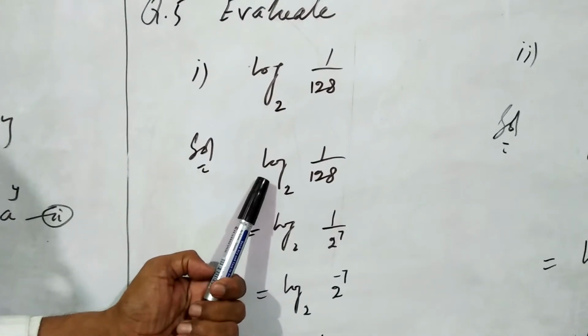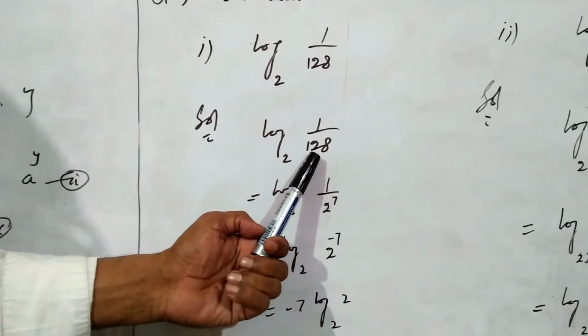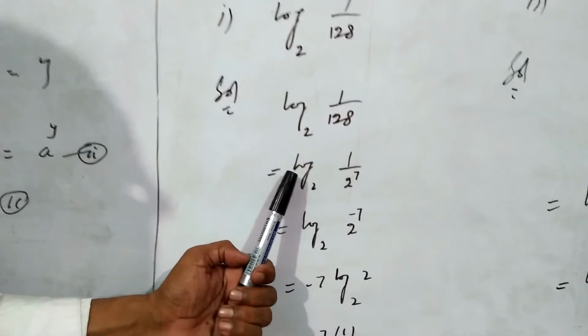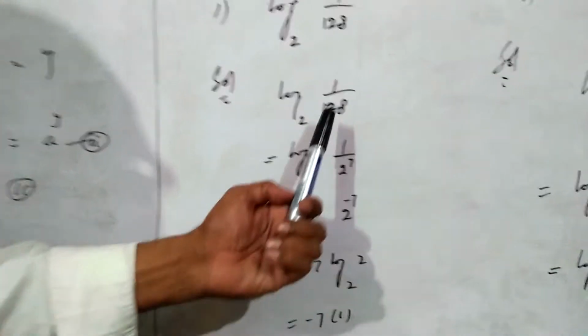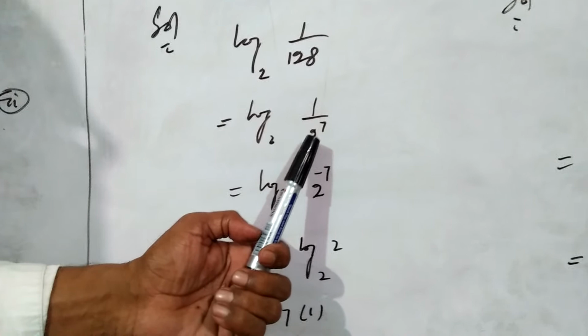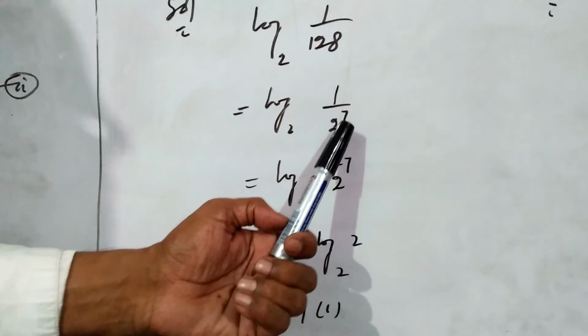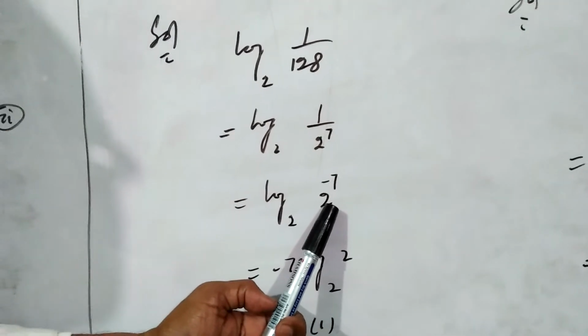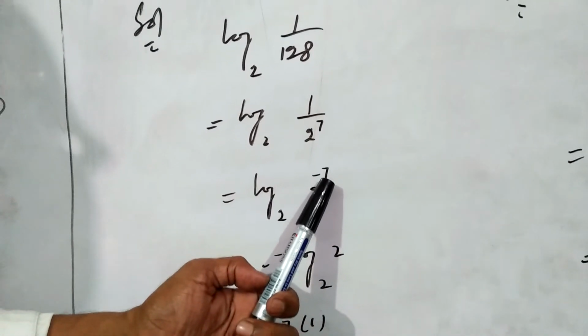Solution: log 1 by 128 base 2 is equal to log of 1 by 128, which can be written in this form as 2 power 7. By taking 2 power 7 above, the power of 2 will be minus 7.